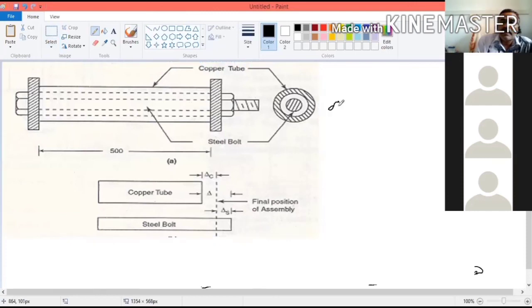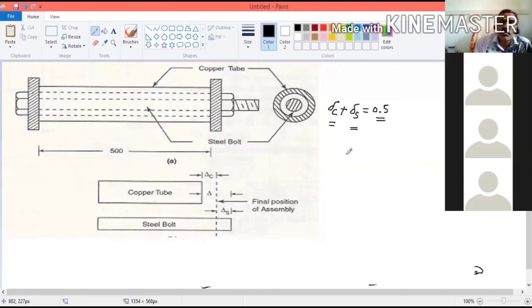Compression of the copper tube, delta C, plus extension of the steel bolt, delta S, is equal to 0.5, the axial movement of the nut.